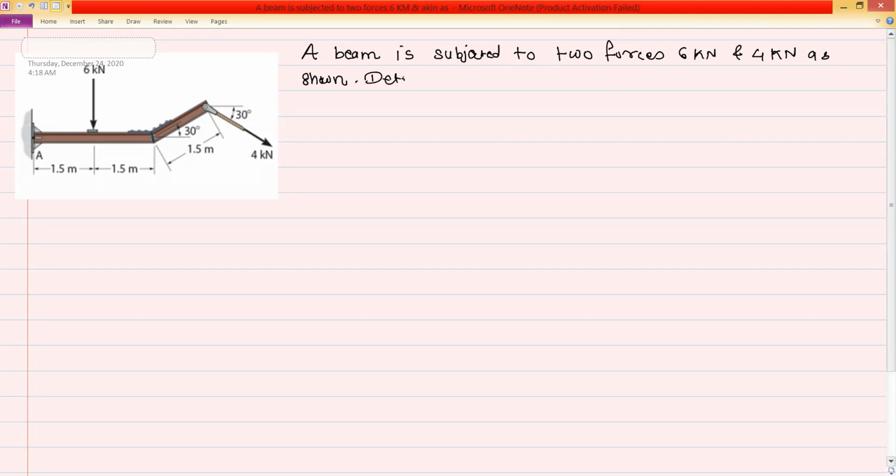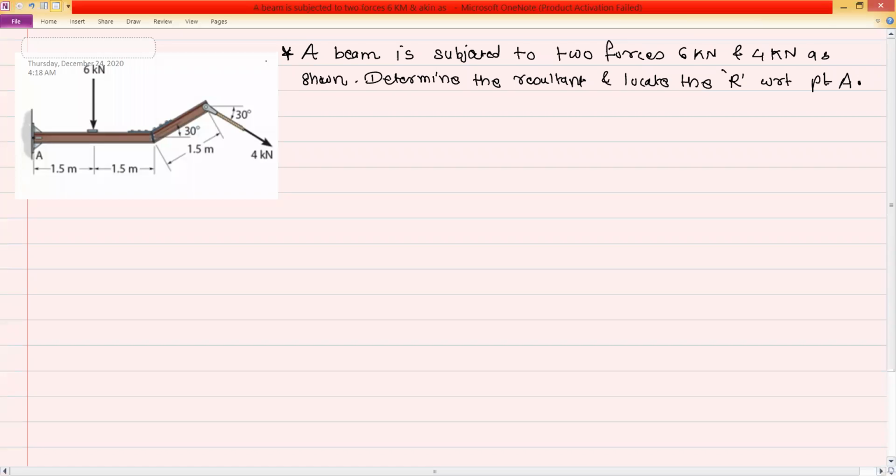Determine the resultant of the system and locate the resultant with respect to point A. Okay, so this is the problem statement. So is the screen visible to you?